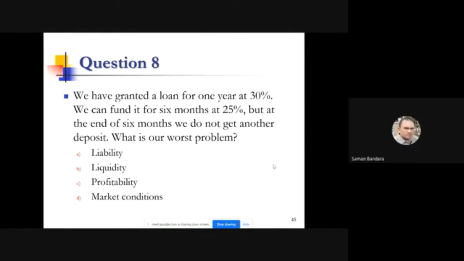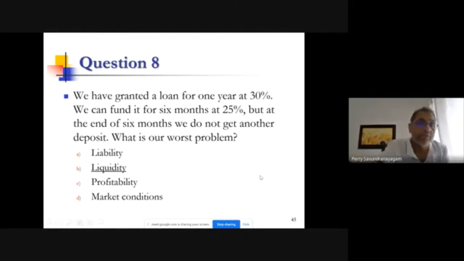Liquidity? Correct, because there we have a funding issue. And more than profitability, we run the liquidity risk in terms of a negative gap. So, yes.